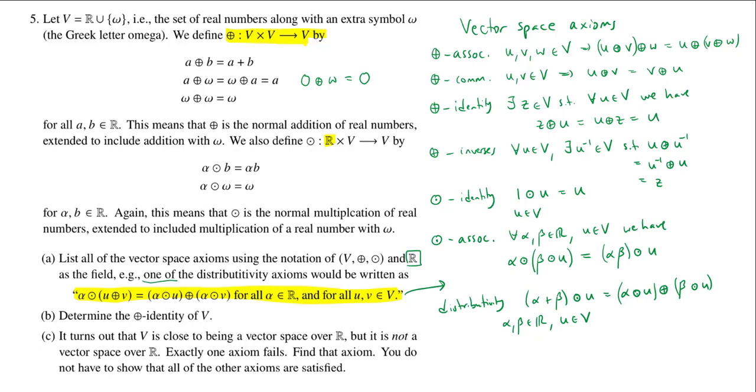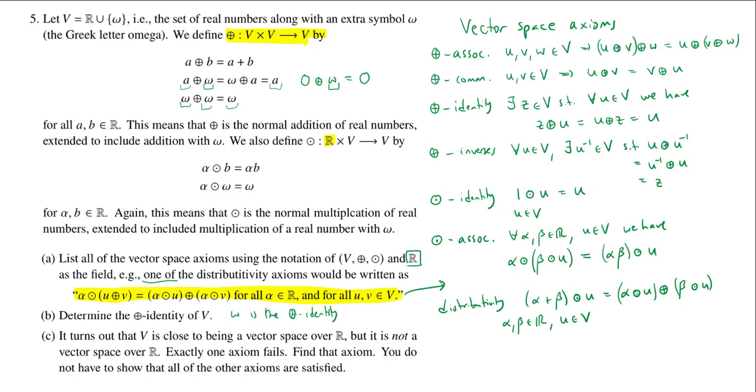This is telling us that 0 is absolutely not the O plus identity of V. In fact, omega is the O plus identity, because if I take omega with anything in the real numbers, it just gives me back the real number. And if I do omega with itself, I get omega. So omega is the O plus identity.